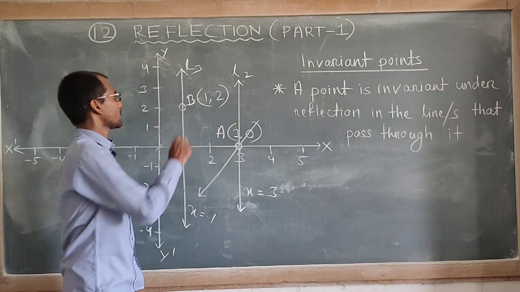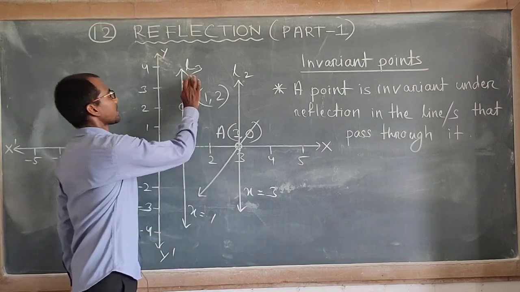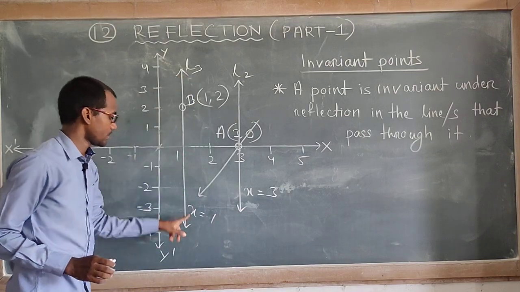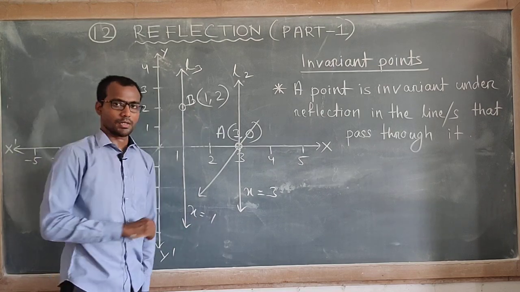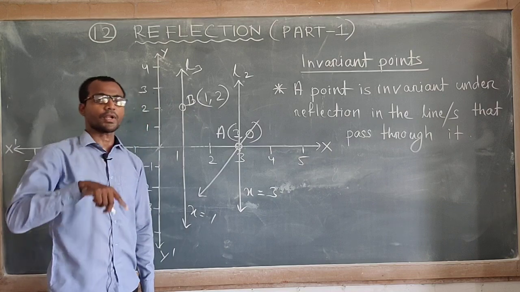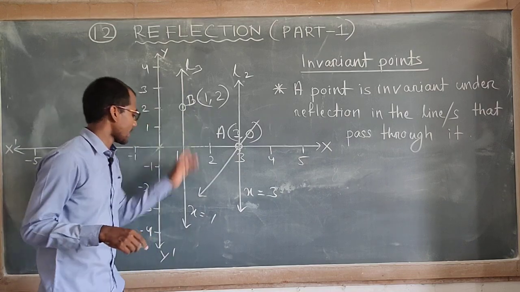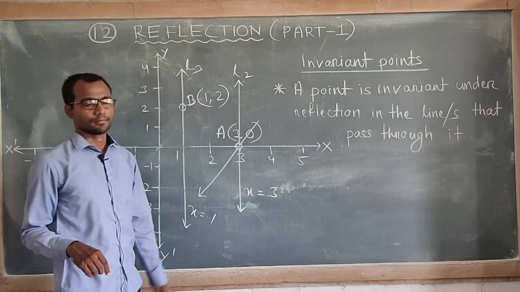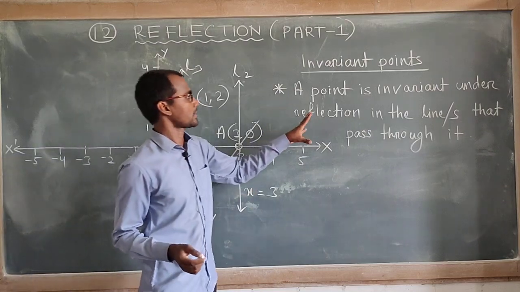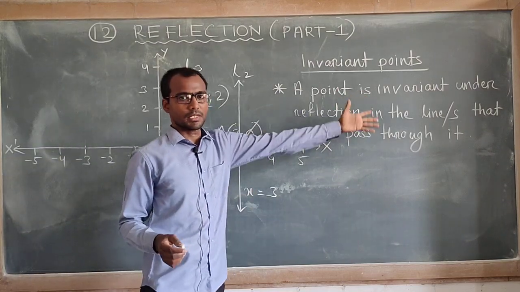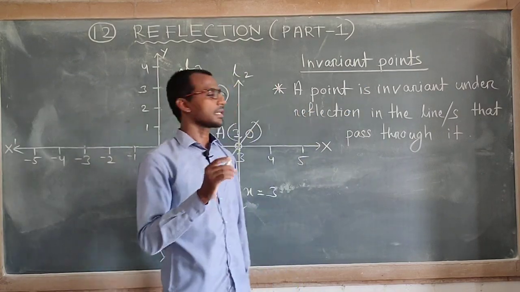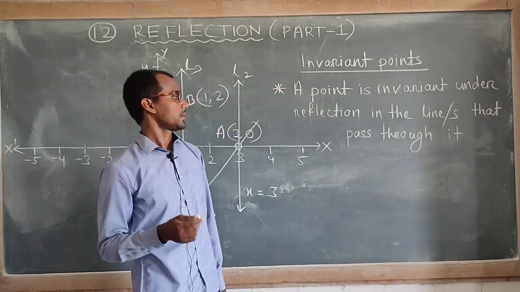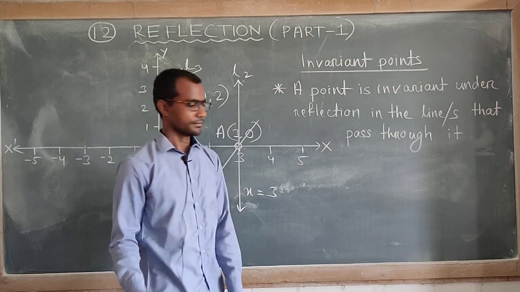But if this point B is reflected in this line L3, the line x = 1, then its image will be formed there only, no change. So it is invariant under reflection in the line x = 1. Hence you can conclude that a point is invariant under reflection in the line or the lines that pass through it.